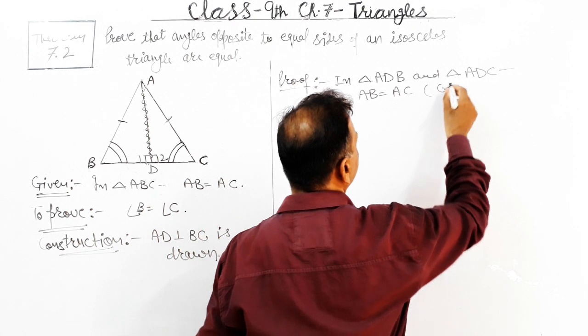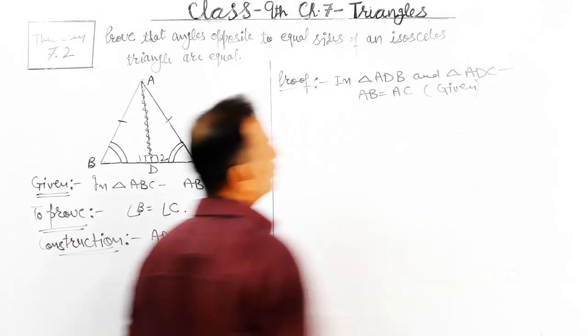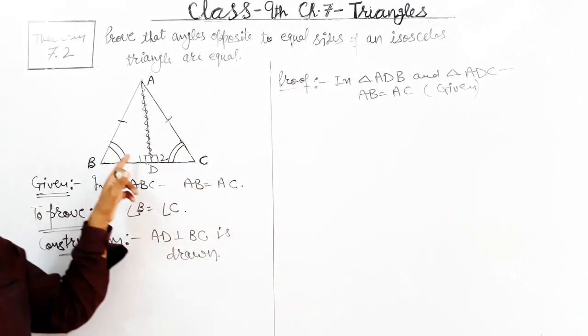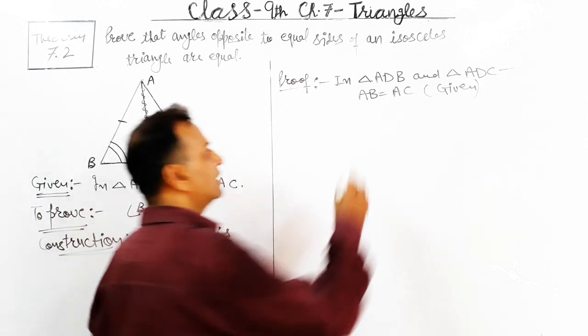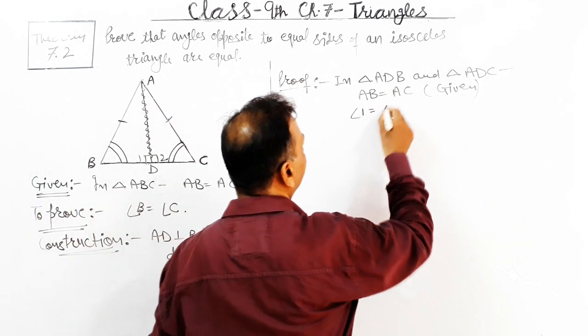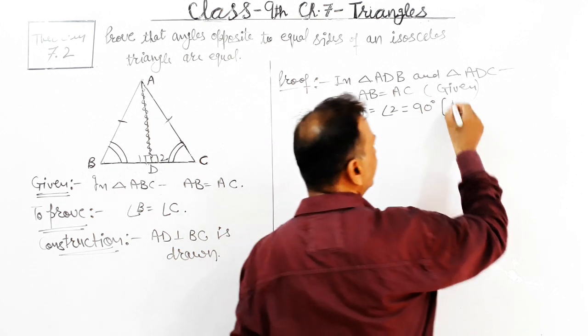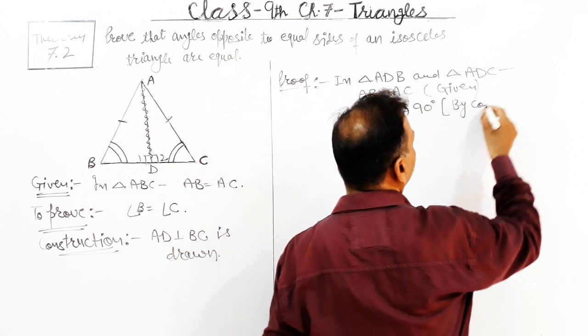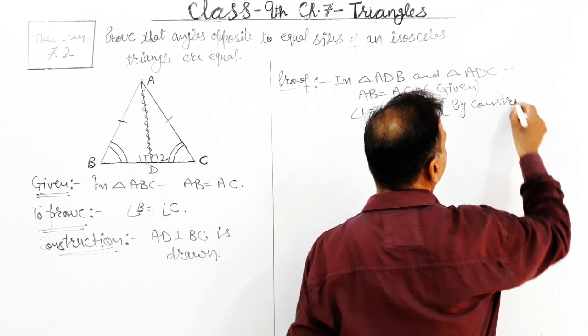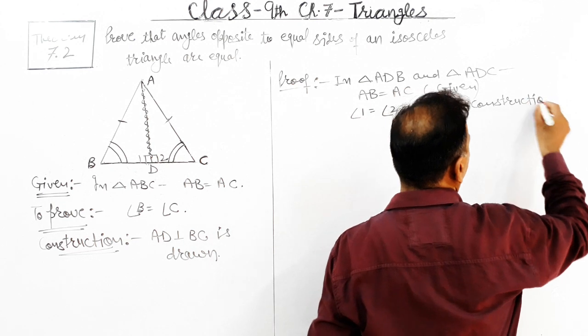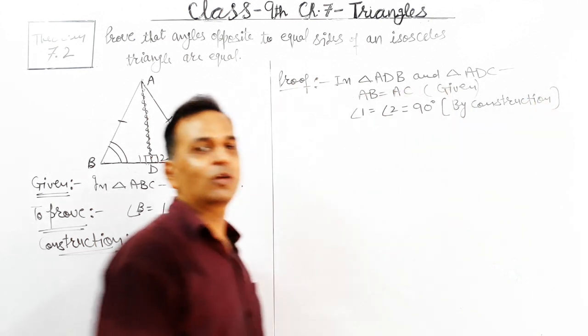Why? Because it is given in the statement of the question. Next, angle 1 and angle 2 are equal because they are 90 degrees each, and mention the reason why: it is done by us by construction, because AD is perpendicular on BC.